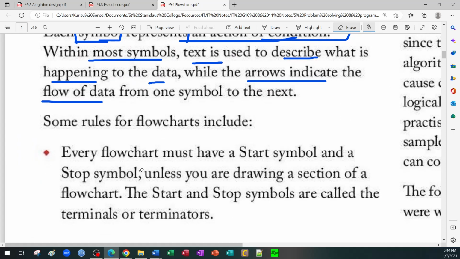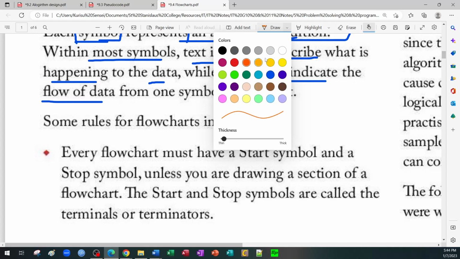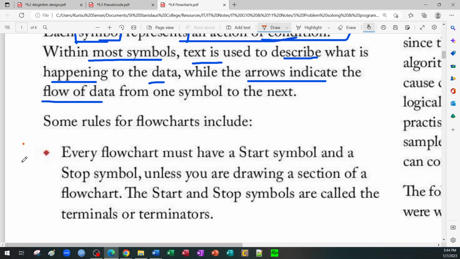So next we're going to look at some rules that you must follow when you are creating your flowchart. So our first rule, every flowchart must have a start symbol and a stop symbol. So we already know what that is, that oval.